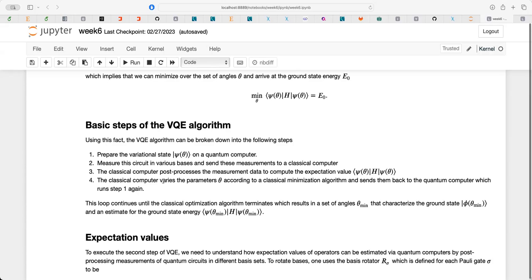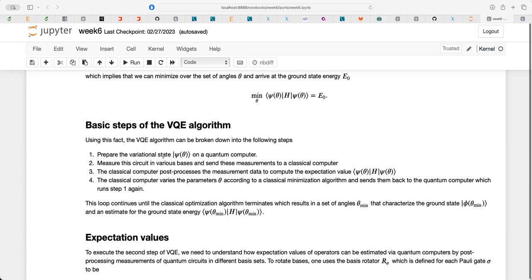And then this classical computer varies the parameter theta according to a classical minimization algorithm and sends them back to the quantum computer, which then runs step one again. And then we repeat it till the gradients are as close to zero as we want, or as close to zero as what you define as zero. So that's the essence of the variational quantum eigensolver.